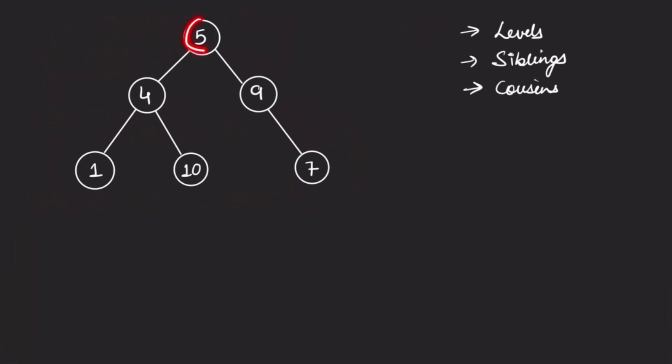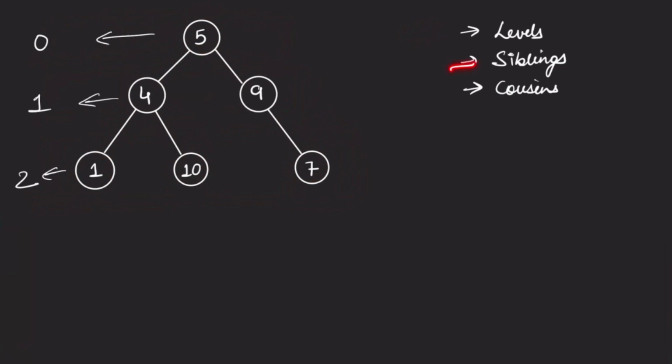For the root node itself, there are no edges between the root node and this node, so this is level 0. Then these two nodes have one edge from the root node, so their level is 1. Then these nodes have two edges from the root node, so these are at level 2. These are known as the levels.